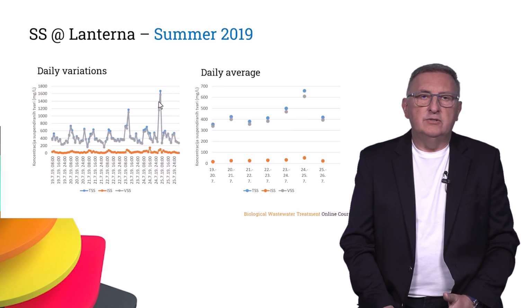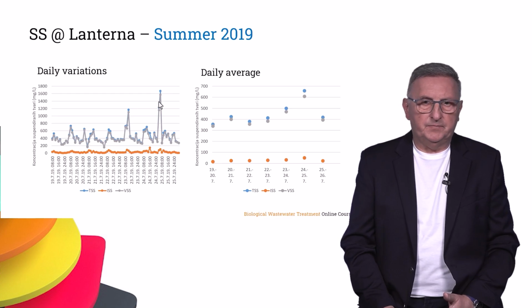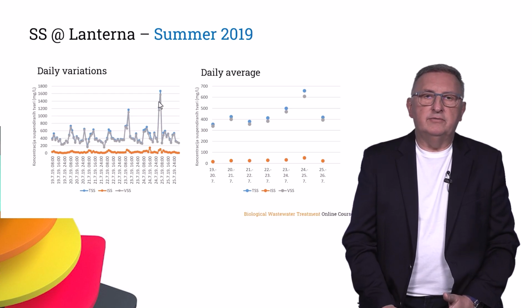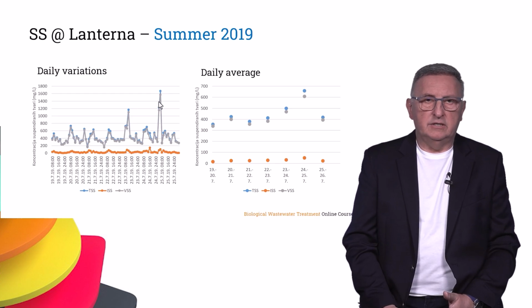And we have suspended solids from the fourth treatment plant, Lanterna, in the summer of the same year, where you have daily variations again, and the daily average is between 400 and 500 milligram per liter, which is again in the range of normal sewage characteristics.